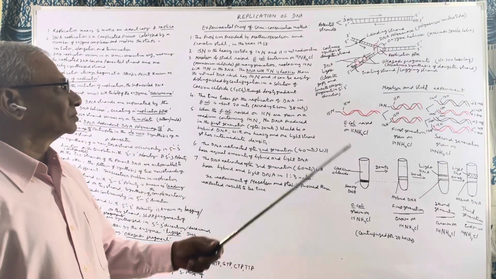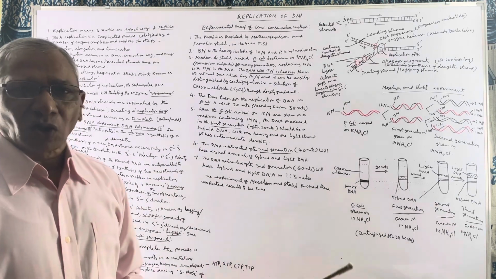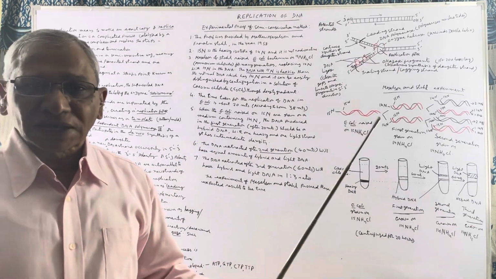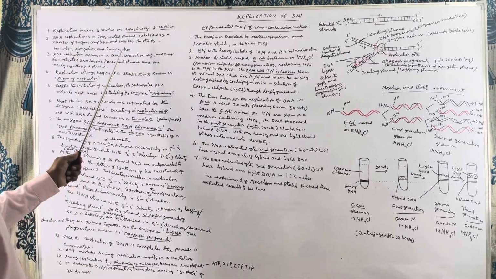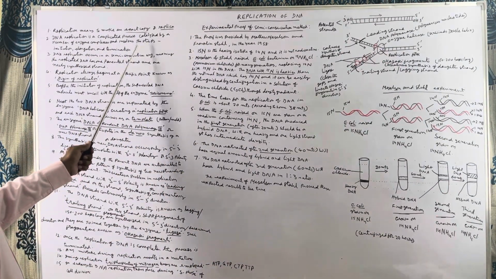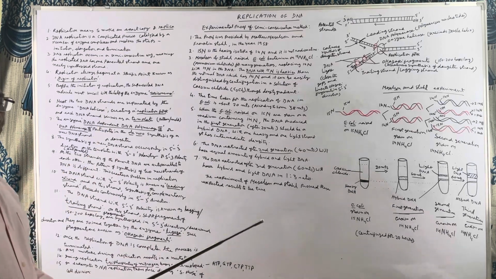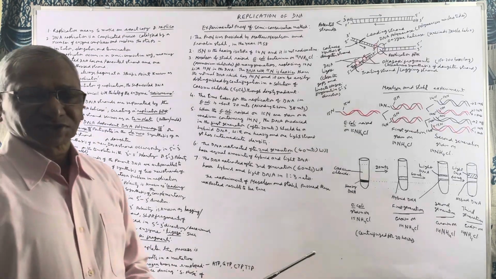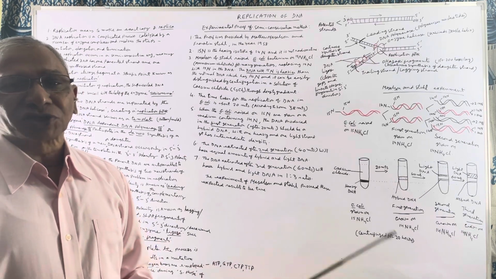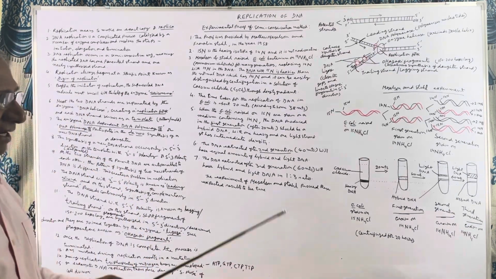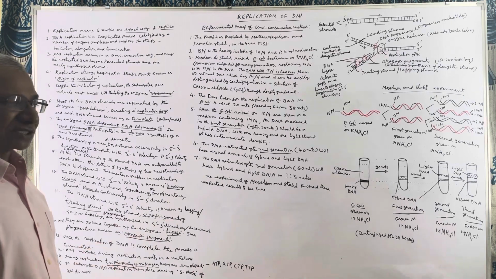So before the replication, the coiled DNA must uncoil, then only replication is possible. Then, in DNA synthesis also, the three processes, initiation, elongation and termination are present, catalyzed by different types of enzymes.